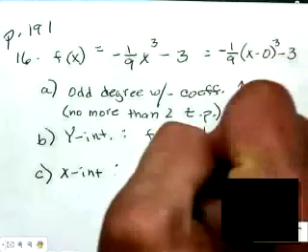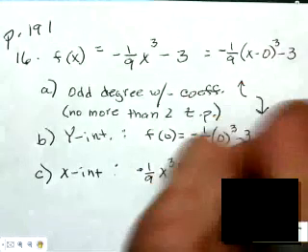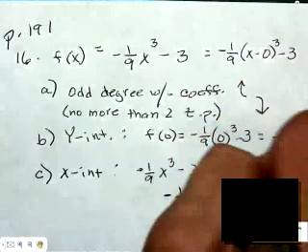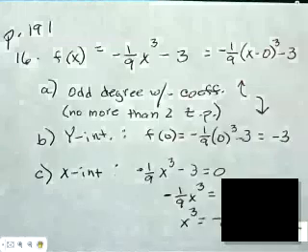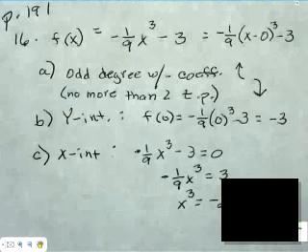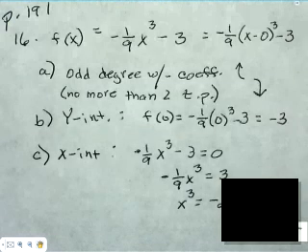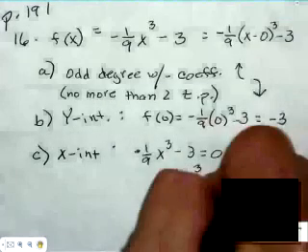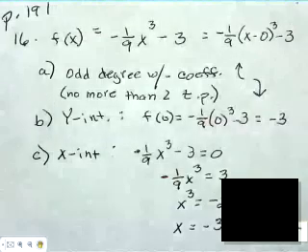Add 3 to both sides, and then multiply both sides by negative 9. If we wanted the real and imaginary zeros, we'd have to set that equal to 0 and factor the difference of 2 cubes. But since we only care about the real zeros, we're just trying to find the x-intercepts, all I have to do is take the cube root of both sides, and we get the only x-intercept is negative 3.